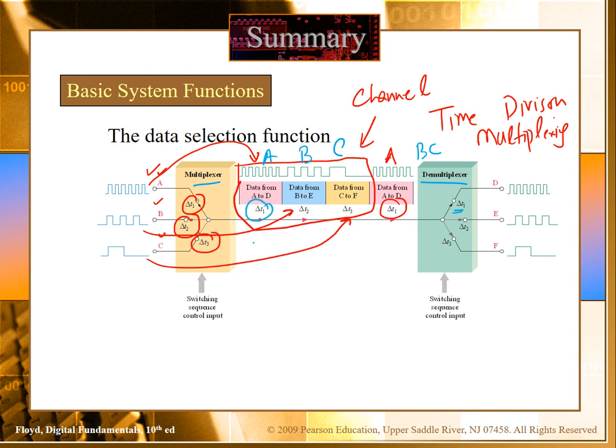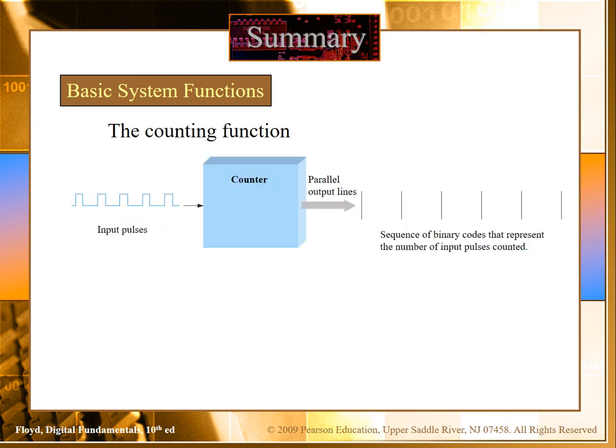For example, for the first nanosecond, all data is coming from channel A. For the second nanosecond, all data is coming from channel B. And for the third nanosecond, all data belongs to channel C. So we can separate the data based on the timing information. This is called time division multiplexing. Again, we can implement the multiplexer and demultiplexer using the logical gates.